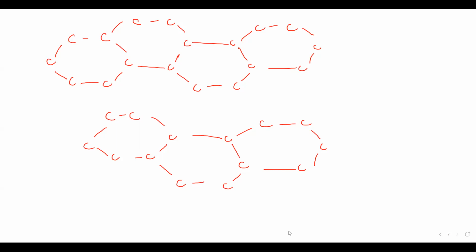If the question is there in the exam, they ask to draw the structure of graphite. So how will you draw? 1, 2, 3, 4, 5, 6. That is 1. Then 1, 2, 3, 4, 5, 6. And the same way, we draw at the bottom.